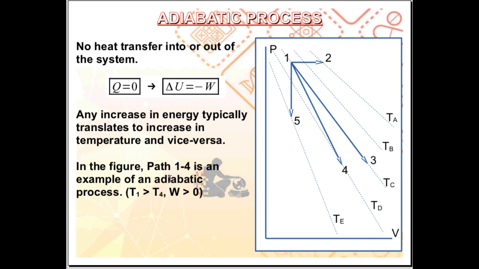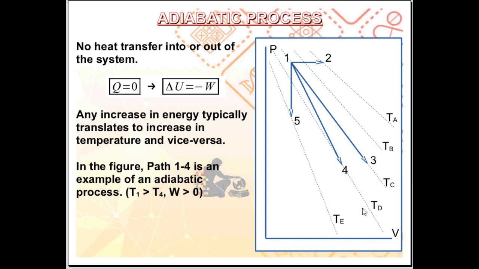In the figure to the right, path 1,4 is an example of an adiabatic process. From initial state 1, the system transitions to final state 4. The temperature changes from T1 to T4, from Tc to Td.